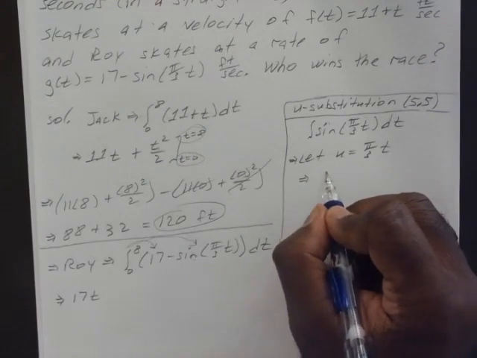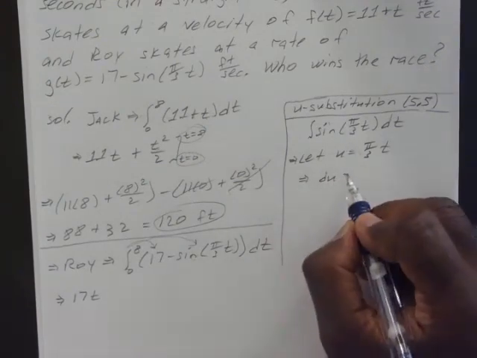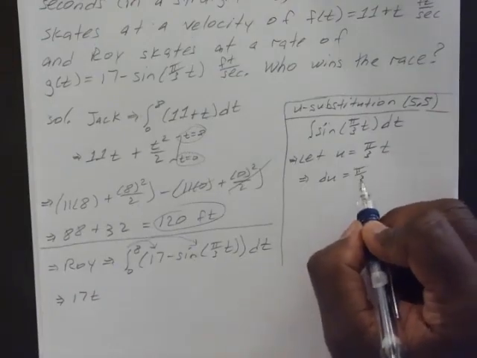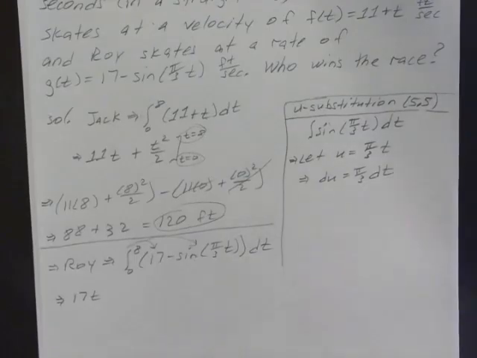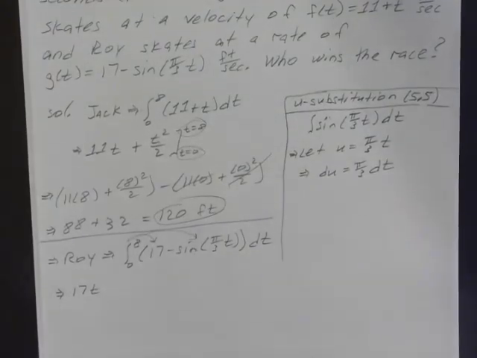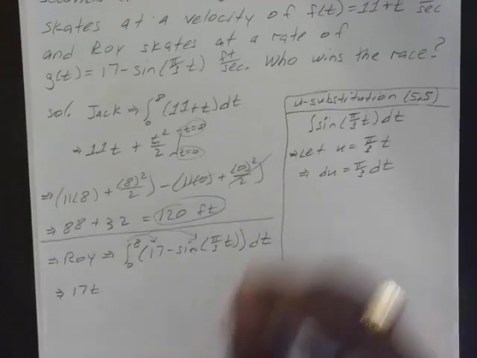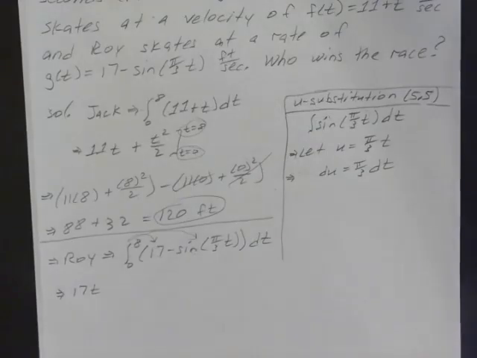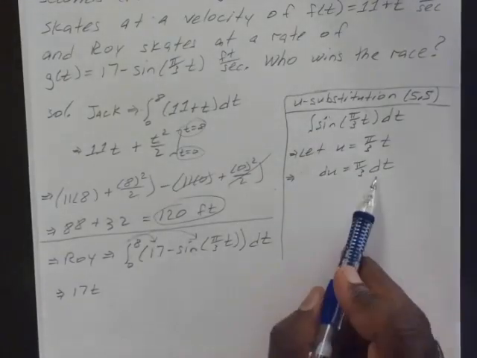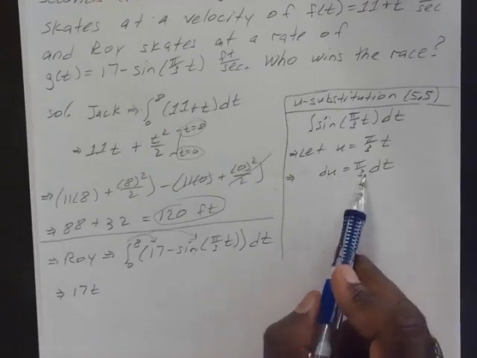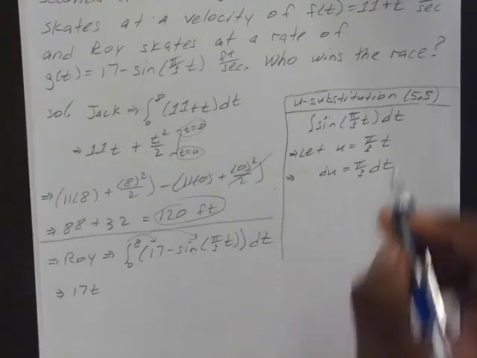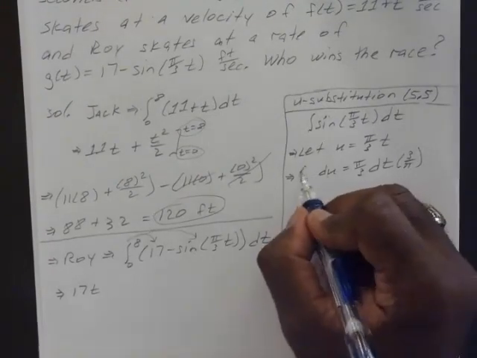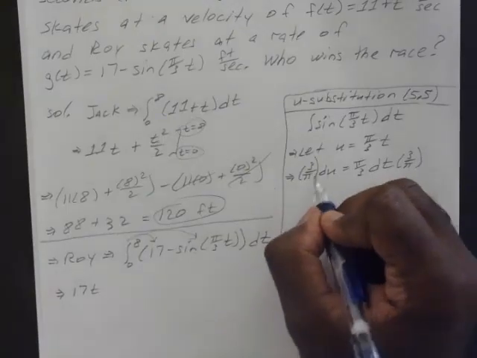Which means our derivative of u is equal to, the derivative of t is just 1, so we have pi over 3 dt. Okay, so we want to get our dt by itself, so we multiply both sides by the reciprocal of pi over 3, just 3 over pi.